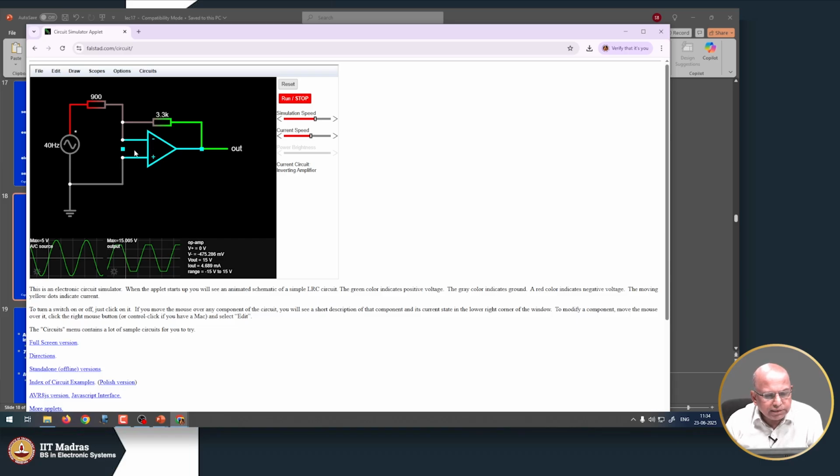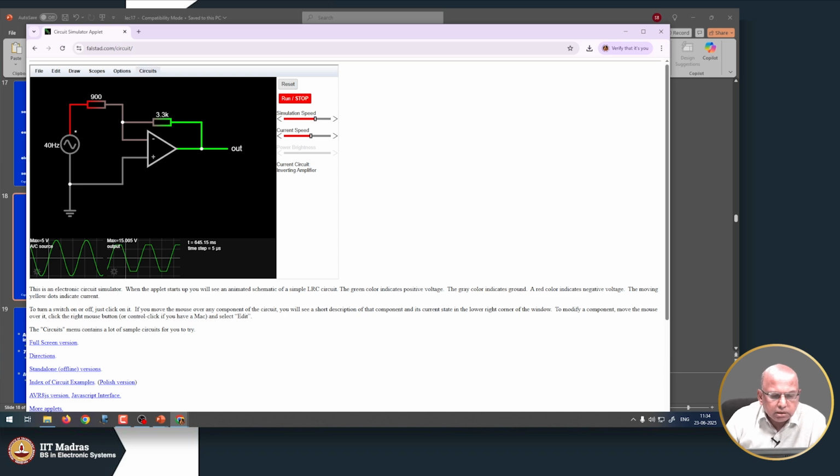So, if you exceed that value, you will see distortion gets created. Okay, it is sort of clipping here. So, variation of resistor will bring about possibly such distortion in the waveform.